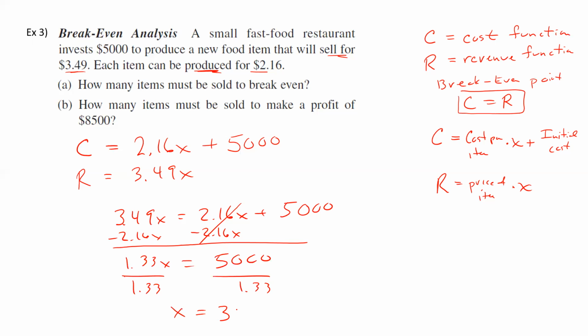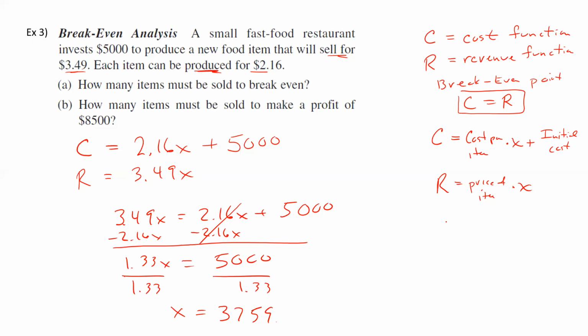We're in the thousands here. That should be about right because 1.33. So we need to sell 3,759 items to be about break even here.